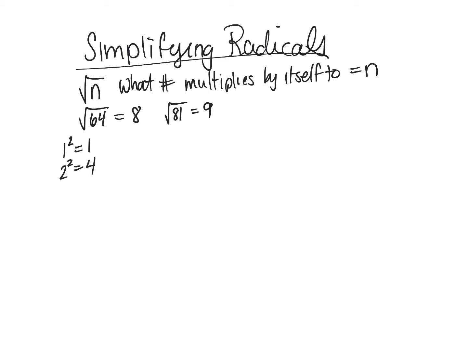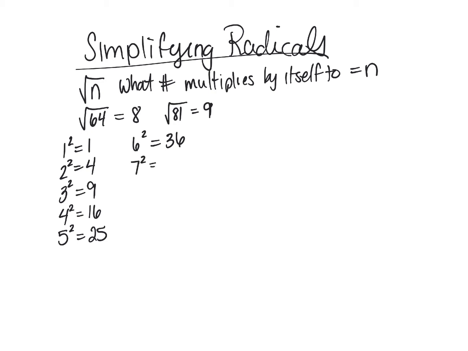Yes, I highly recommend writing these all down. 3 squared is, 4 squared is, 5 squared is 25. 6 squared. I'm just trying to save space. You're more than welcome to just write it down the whole side of your paper, but I want it all to show on one slide here.